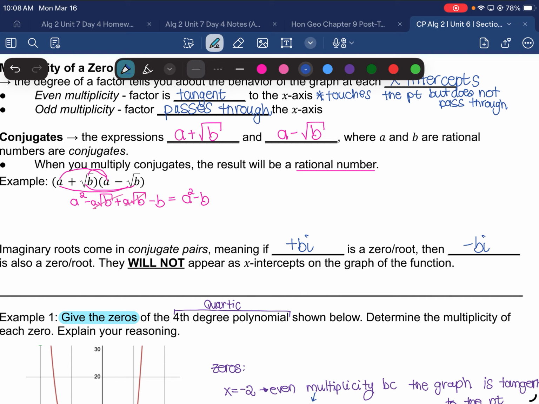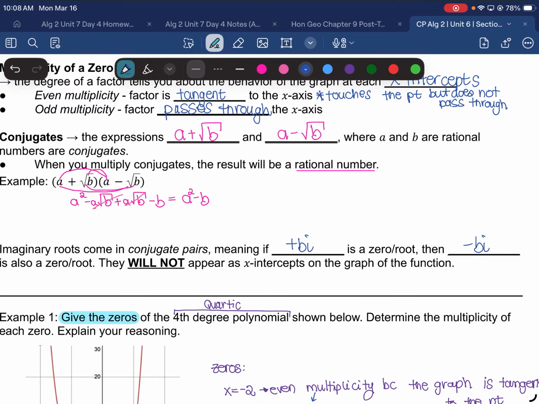Or if I give you the negative, then you need to consider the positive, the conjugate. How come? Because when I multiply those two, it's going to give me a much prettier number, and it's going to look not imaginary anymore. Because what's i times i? What's i times i? i squared. What's i squared?